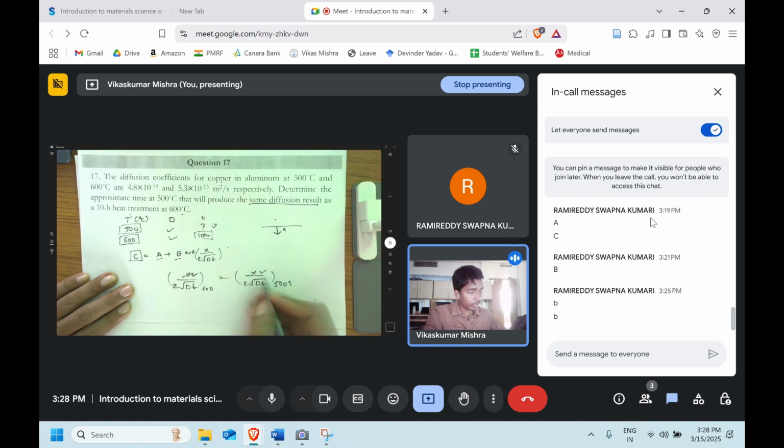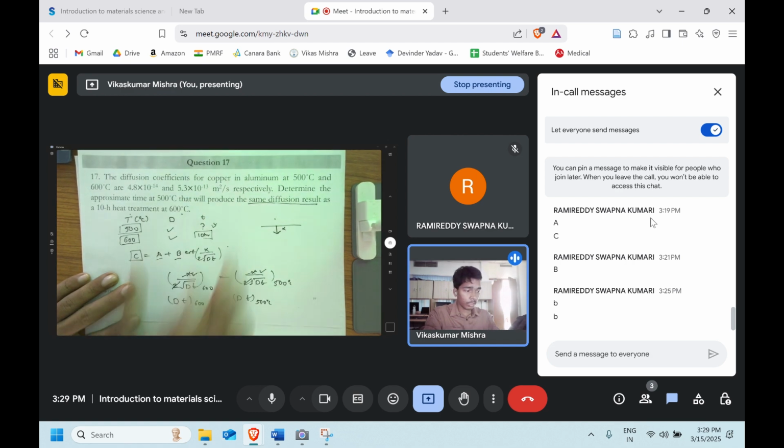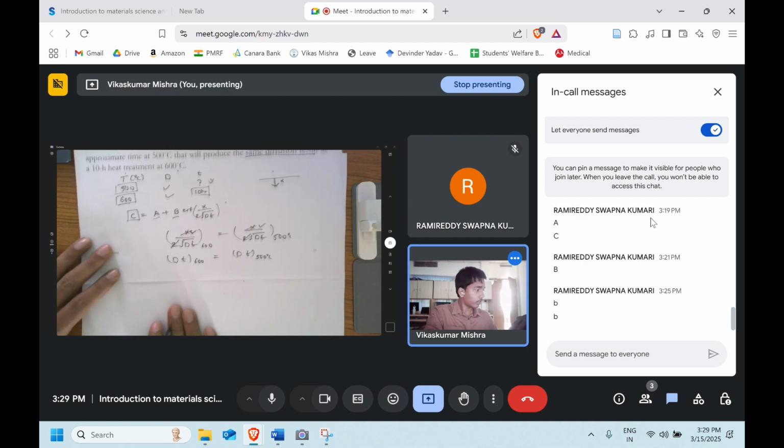So x is also the same. We can cut this. 2 is a constant. We can cut this. So overall we can square both sides. So D times t at 600 should be equal to D times t at 500. Now we can substitute the given values. Let's try to do that.